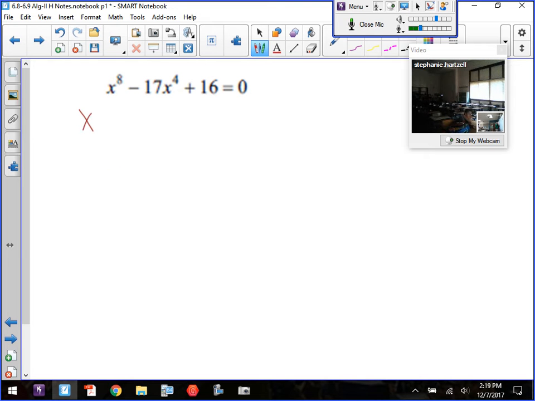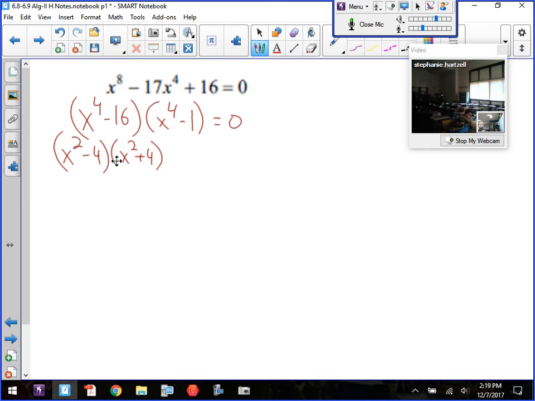So you have x to the 4th minus 16, x to the 4th minus 1. And aren't those both differences of squares? Yeah. So you get x squared minus 4, x squared plus 4, x squared minus 1, x squared plus 1.